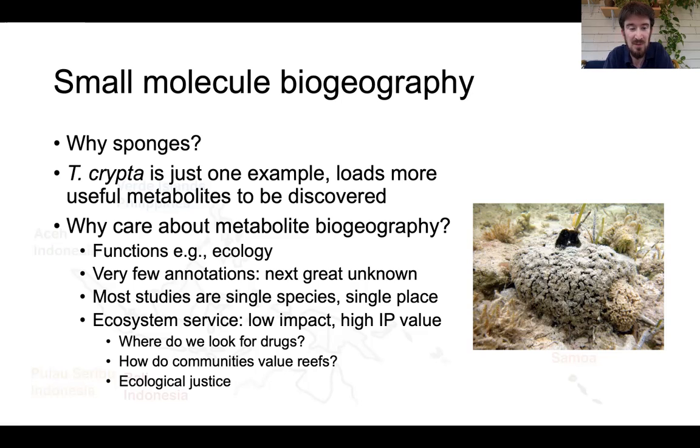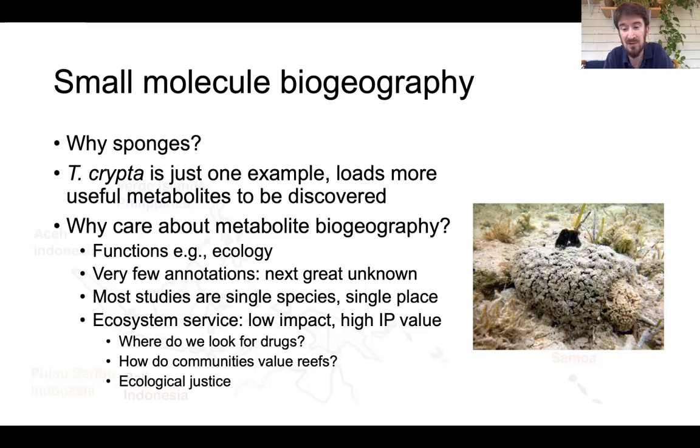So that brings me to my work, thinking about biogeography, or what molecules are where and why we find them in different places. So why would we care about this? Largely related to functions, thinking about finding new functions, how new functions evolve, new functions being things like fighting viruses or antibacterial properties or defensive properties or predative properties. I'm also fascinated by it because there are very few annotations.